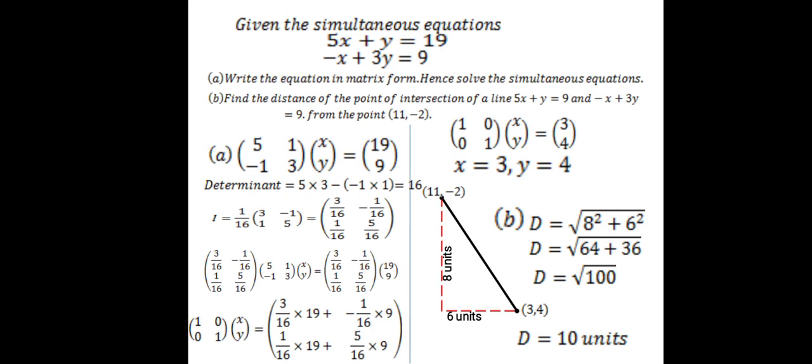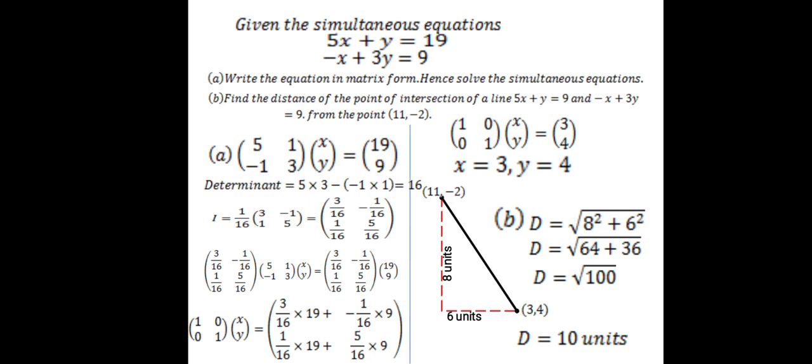We have points 3, 4, and we have the point 11 and negative 2. Now, if you go across the vertical axis, you see that we have 8 units. If you go along the horizontal axis, you see that we have 6 units.